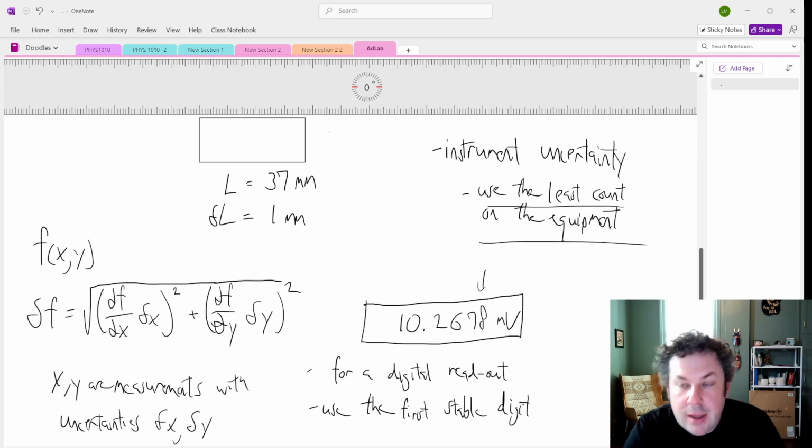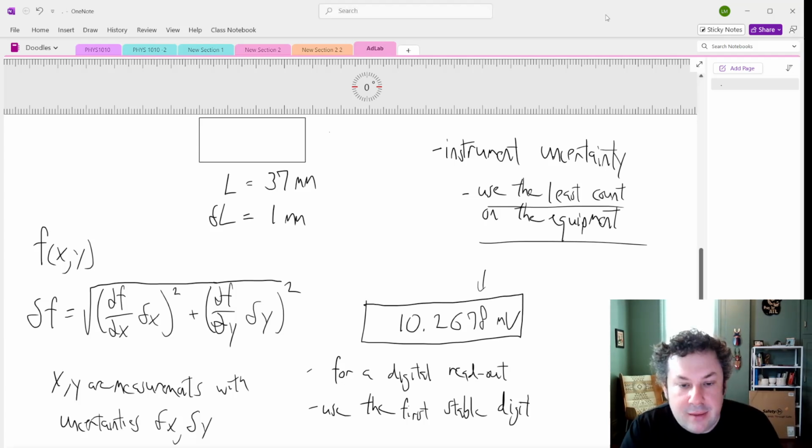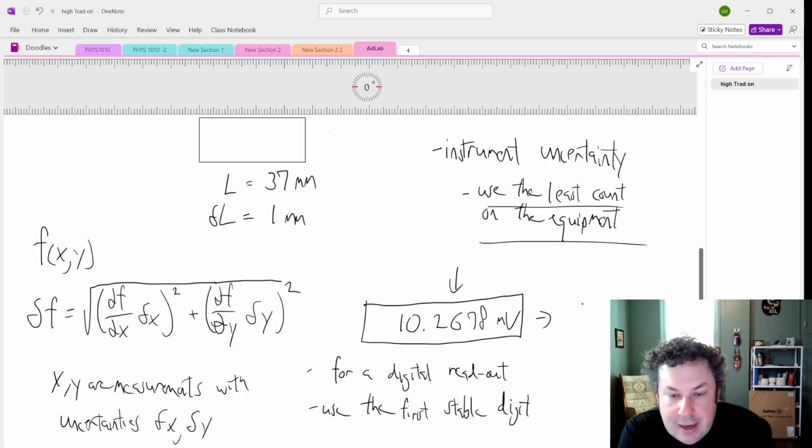What do I mean by that? Often you'll plug in, especially if you're reading millivolts, and the numbers will be fluctuating a lot. So the 1 and the 0, and maybe the 0.2 and the 6 would be stable, but the 7 and 8 are bopping all around. So you wouldn't use the 8 in this case, you would actually use the 6. If the 7 and 8 are fluctuating a bunch, that means you would write down 10.27 millivolts, rounded.